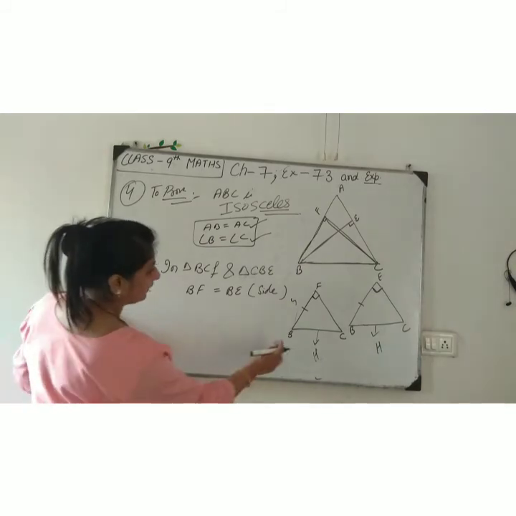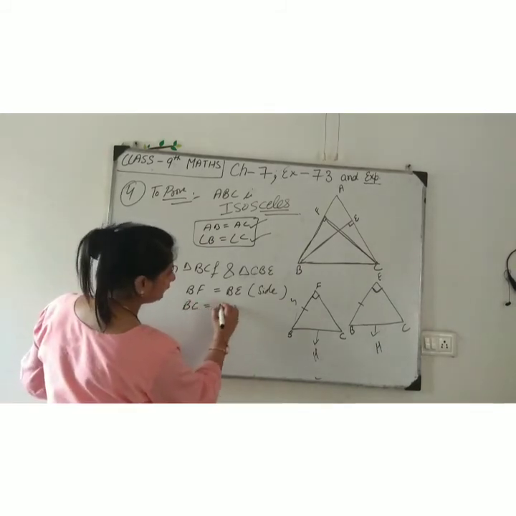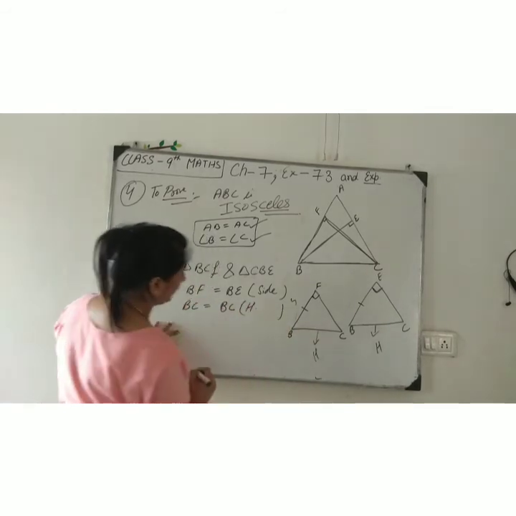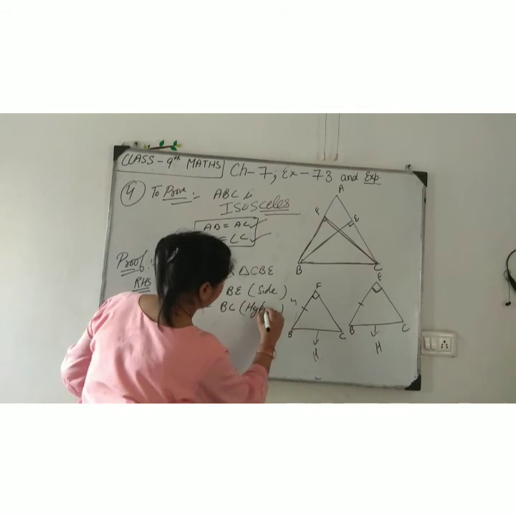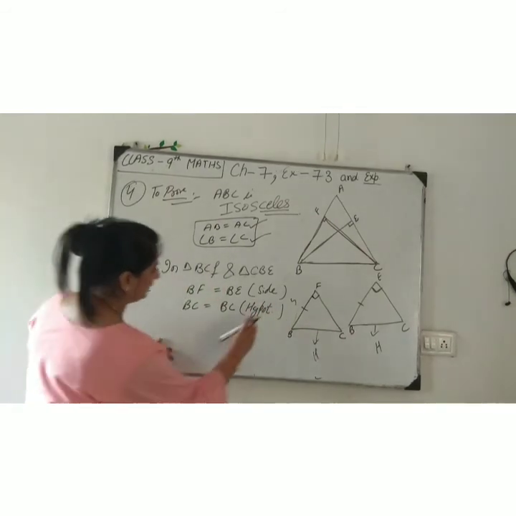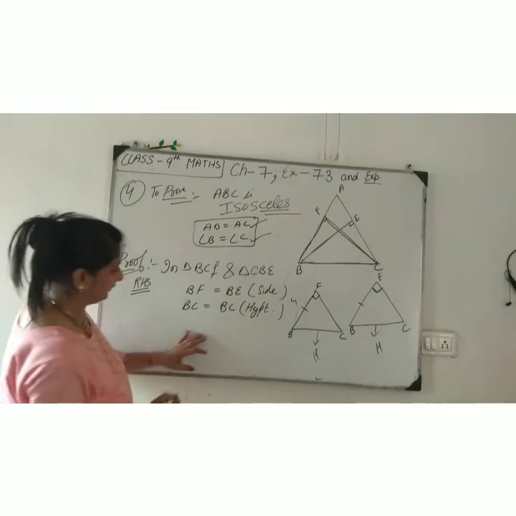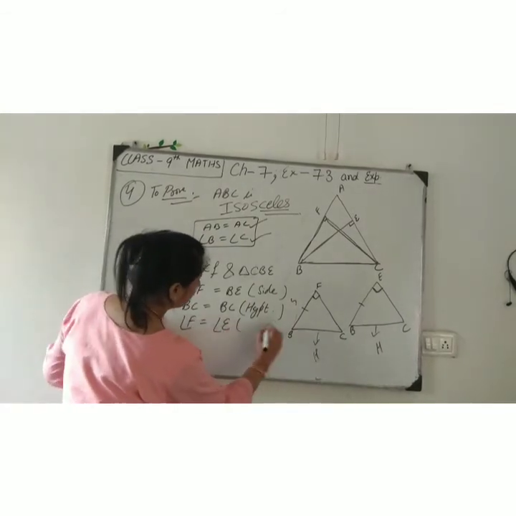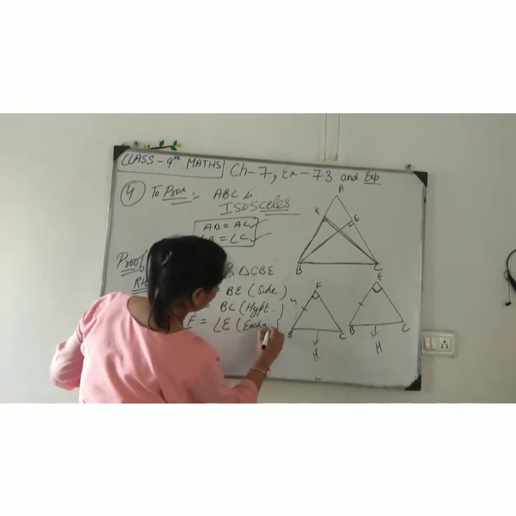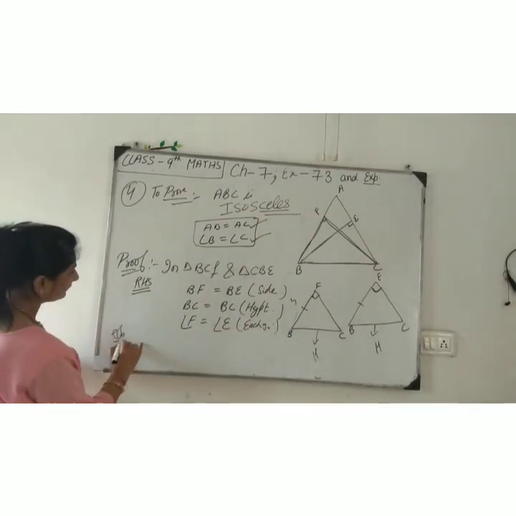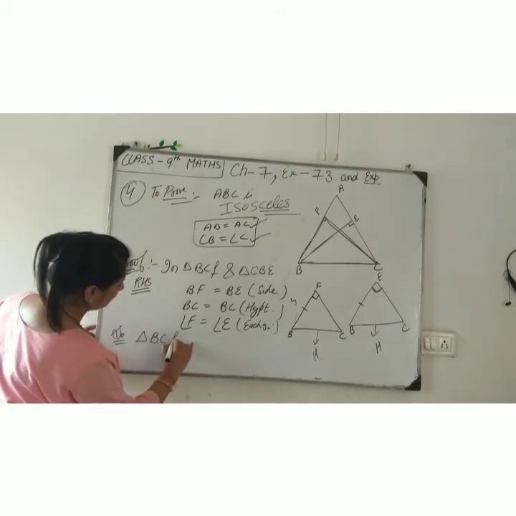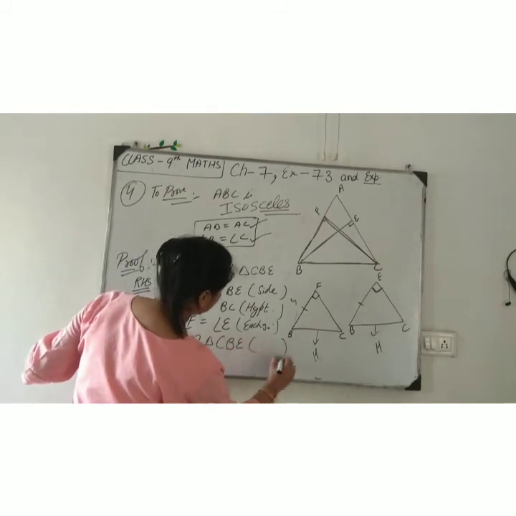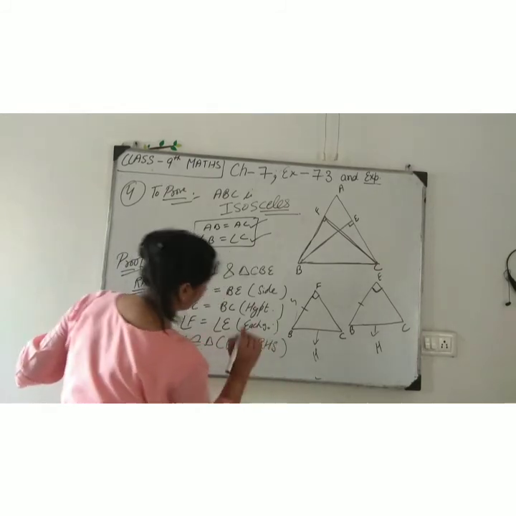Next, BC equal to BC, reason: hypotenuse. Yes, in short form you can write hyp. And angle F equal to angle E, reason is 90 degrees. So triangle BCF congruent to triangle CBE, reason RHS.